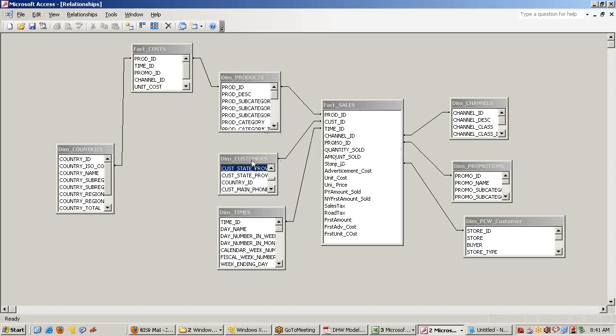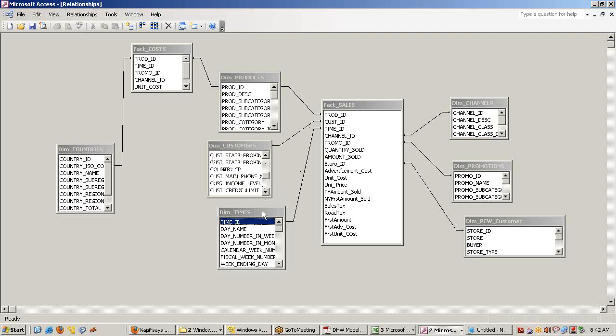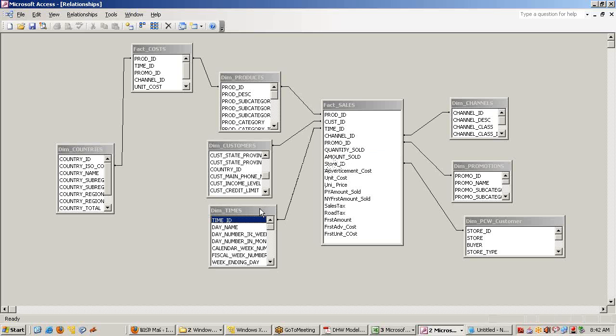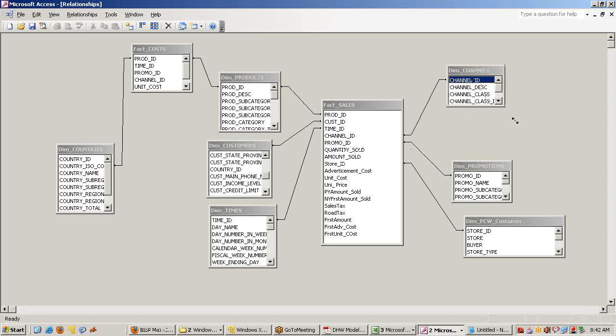Whereas if I say customer and sales, it is the sales received from one customer from one province where the customer lives. At the intersection with time and amount sold, it is total sales done in one day or in one quarter. At the intersection of sales and channel, we get total sales received from a channel class, direct or online sales.